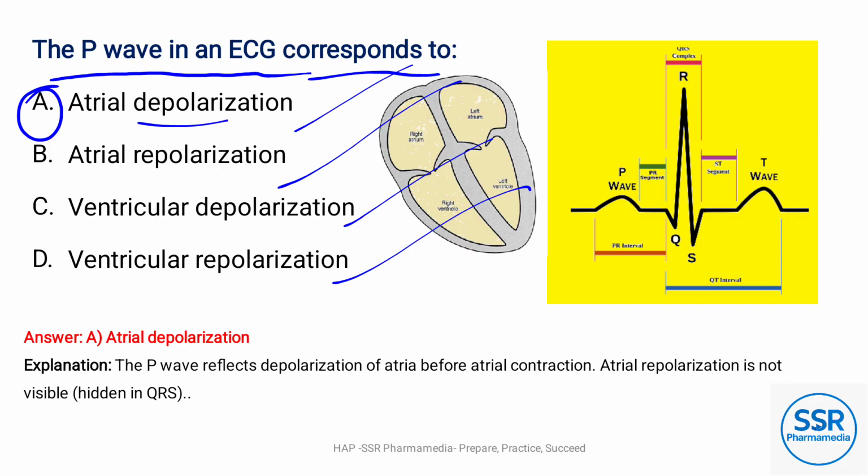The P wave reflects depolarization of the atria before atrial contraction. Atrial repolarization is not visible, as it is hidden in the QRS complex.